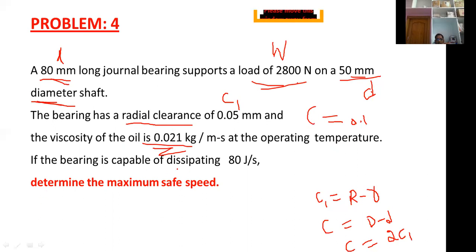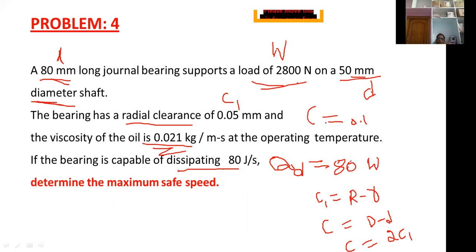Now please observe carefully. Here the bearing is capable of dissipating 80 joule per second is given. That means the amount of heat dissipated, Qd, is given, that is 80 joule per second. 80 joule per second means watt, so 80 watts is given.